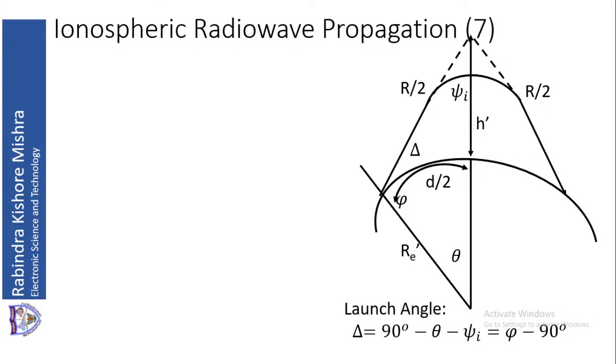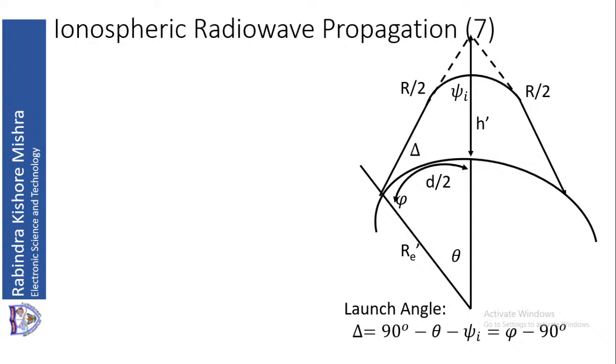Where does the 90 degrees come from? Delta will be 180 minus psi I minus theta minus 90 degrees. The 90 degrees is the angle because of the tangent drawn at the surface of the earth. 180 minus 90 gives you 90.